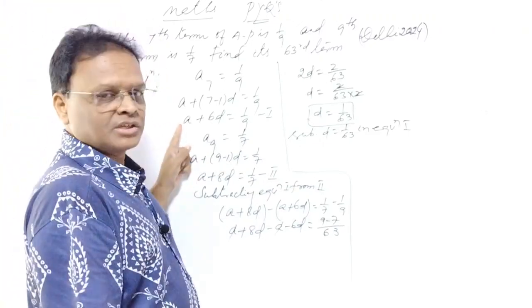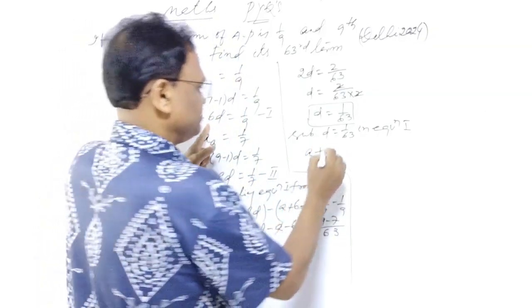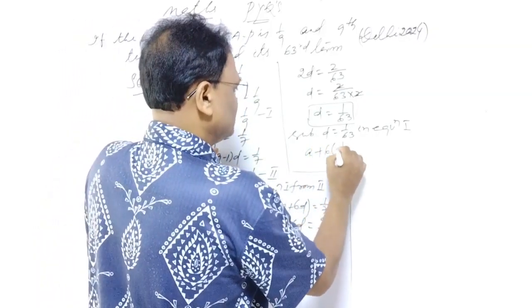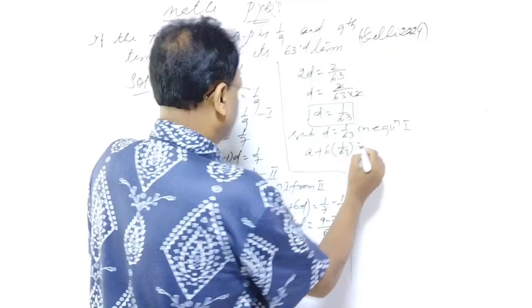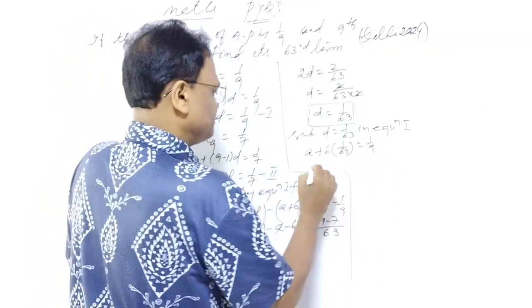Let me write it in the first equation: A plus 6D, with 6 into D as 1 by 63, is equal to 1 by 9. Now simplify.